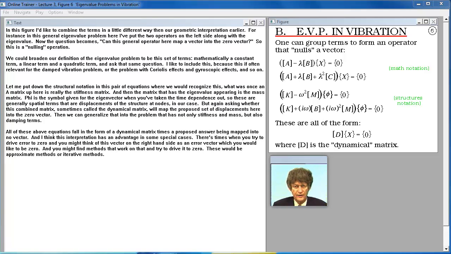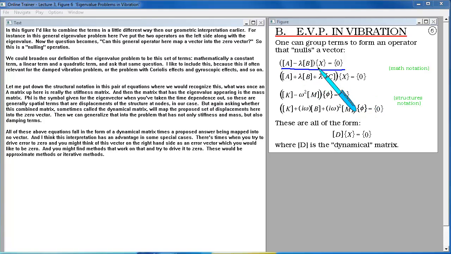In this figure, I'd like to combine the terms in a little different way than our geometric interpretation earlier. For instance, in this general eigenvalue problem here, I've put the 2 operators on the left side along with the eigenvalue. Now the question becomes, can this general operator here map a vector into the 0 vector?